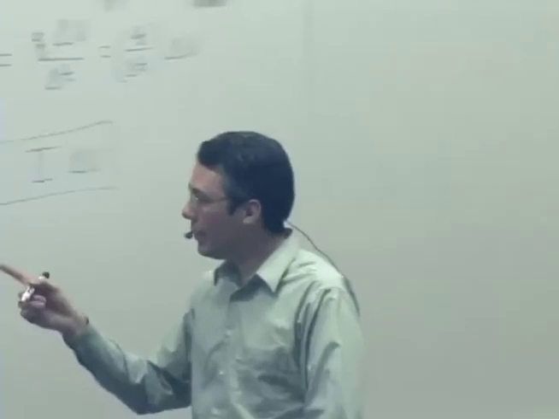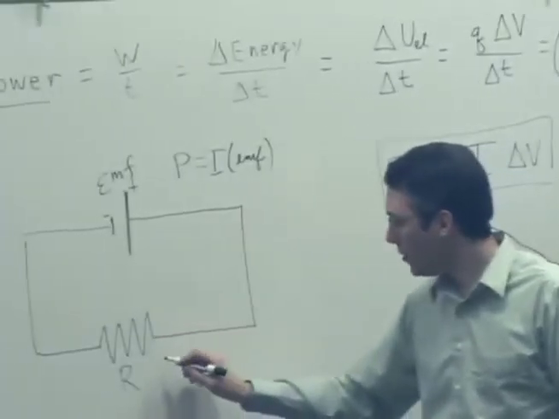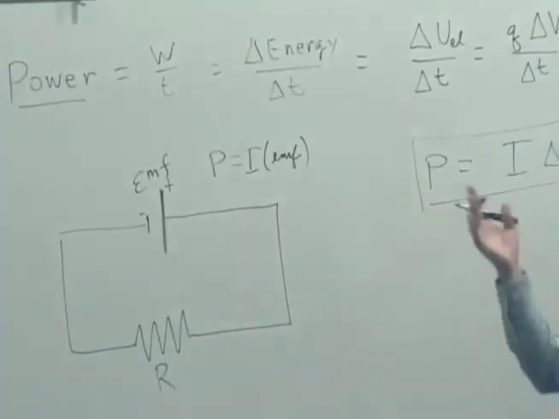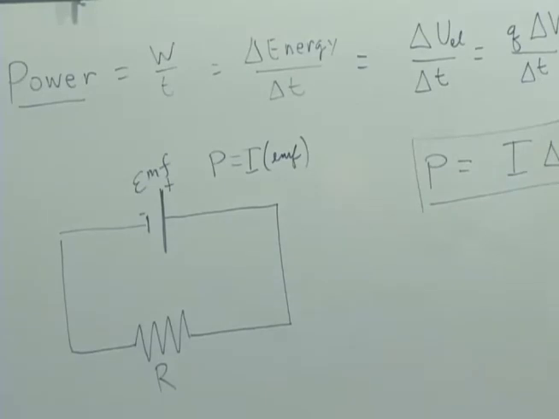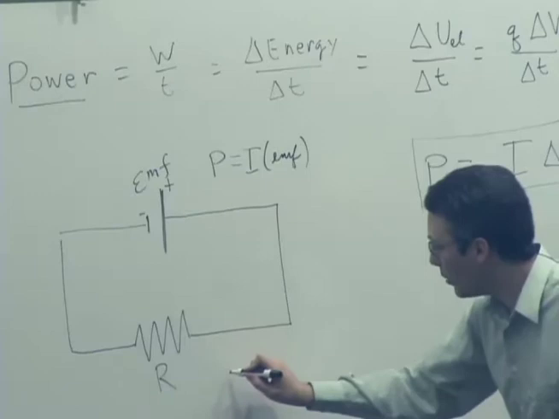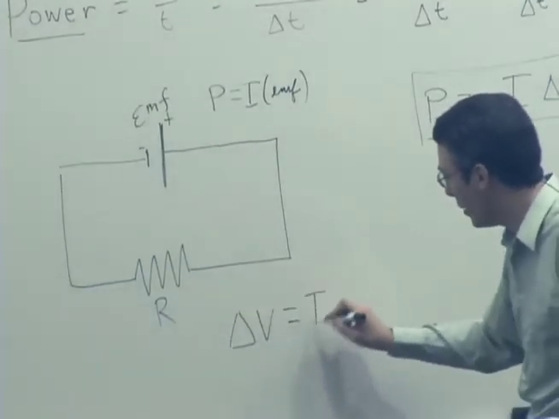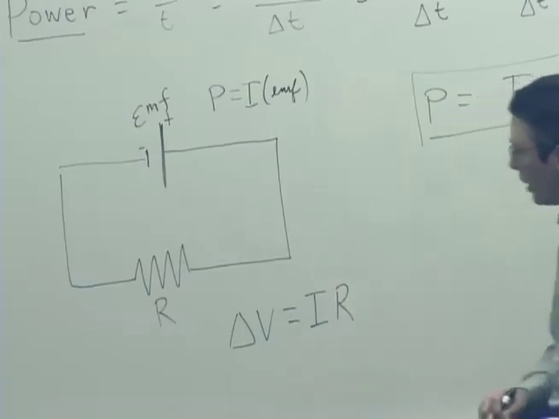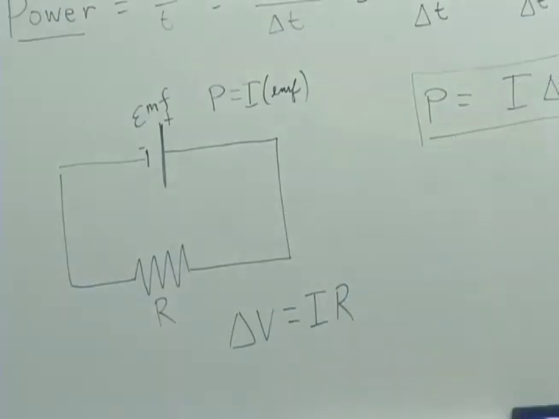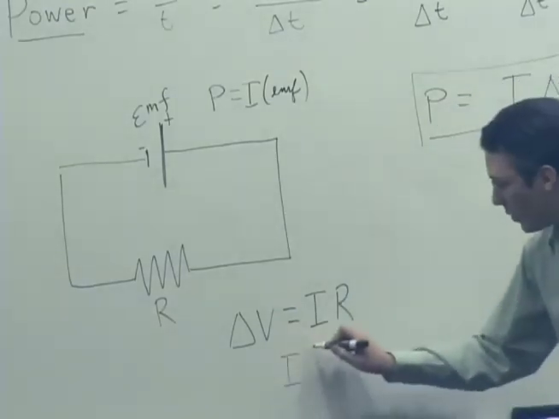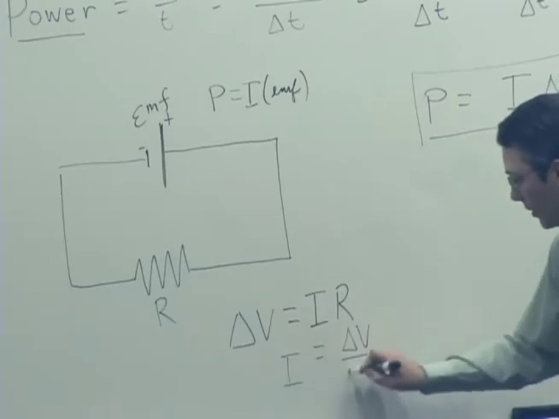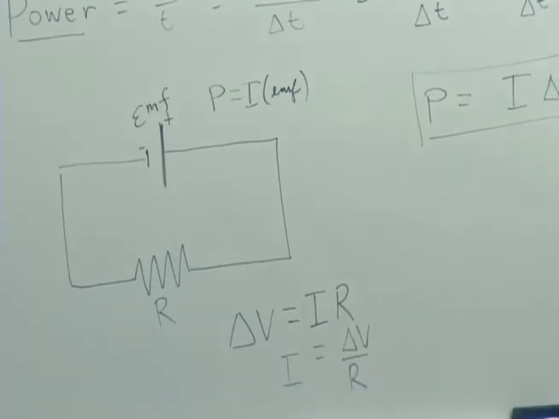The power delivered or dissipated by the circuit, the power that's being radiated away in the form of heat, is, well, since we know from Ohm's law last time that the potential difference is the current times the resistance, or we could also write that as current is equal to delta V divided by the resistance.